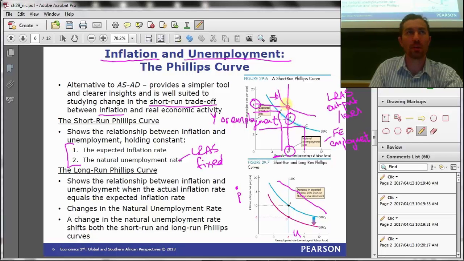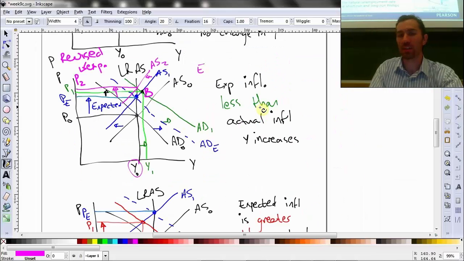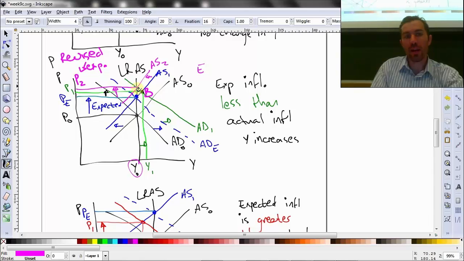Is everyone with me? We would be back at the long run level, but with a higher expectation of inflation. Given that we're now at a different starting point, this is our new equilibrium.